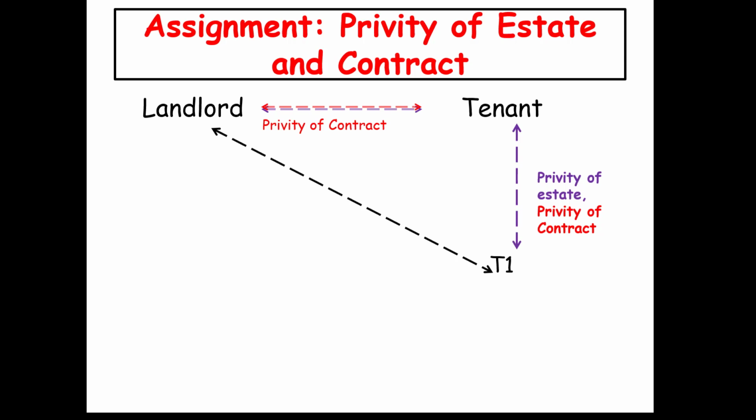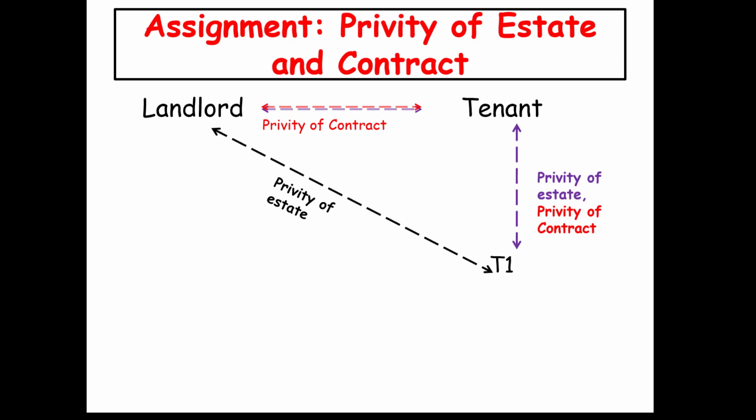Because, however, the tenant has transferred their entire leasehold estate to the new tenant, they are no longer in privity of estate with the landlord because they don't have any possession of the estate anymore. T1 has all of the leasehold estate in their possession, which means that the landlord and the new tenant are now in privity of estate.